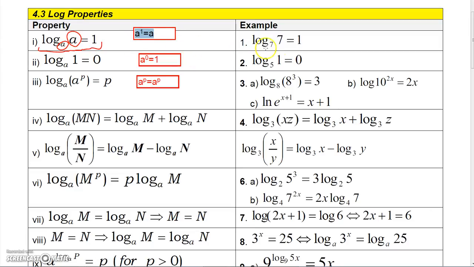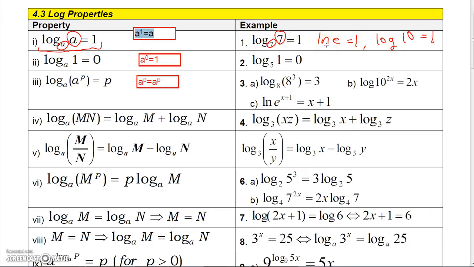so therefore it must be true in log form. An example of this would be if you said the log of 7 base 7. Well, that would have to be 1, because you have a base and an argument of 7, and the base is the same. Let me show you a couple of other examples that you might not readily identify.